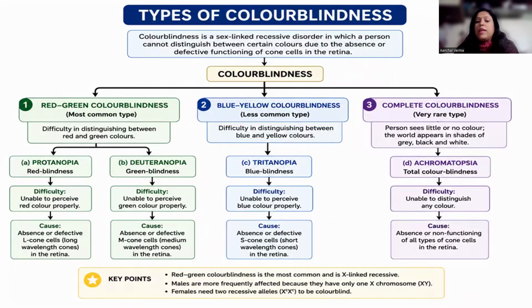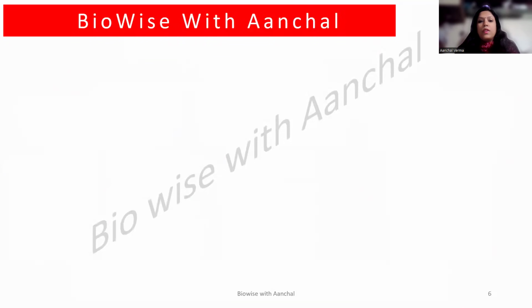There are certain types of color blindness, like protanopia, that is red color blindness, deuteranopia, that is green color blindness, tritanopia, that is blue color blindness, and achromatopsia, that is total color blindness. So in genetics, we generally focus on red-green color blindness because it is an X-linked recessive disorder.